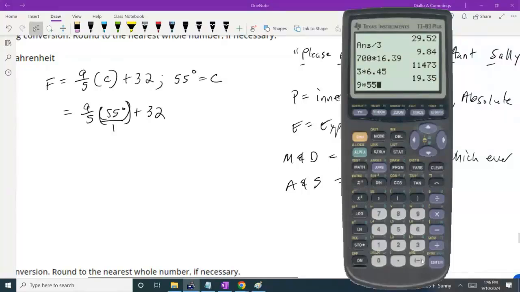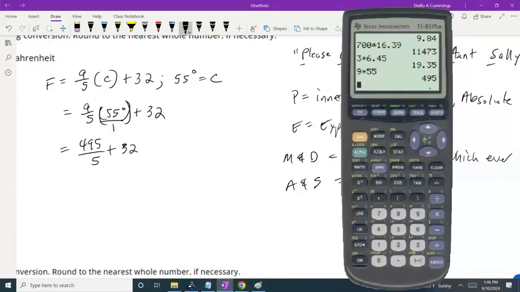So 9 times 55 is 495. I'm going to just put an extra step in. Right, so if I multiply 9 times 55, I get 495. If I multiply 5 times 1, I get 5.